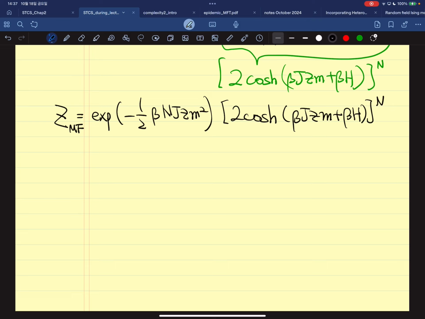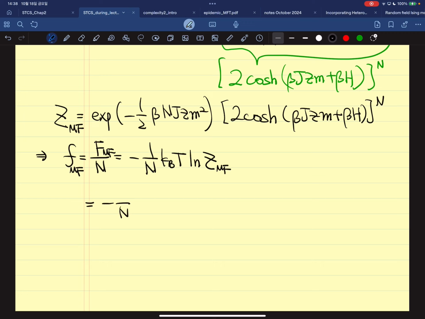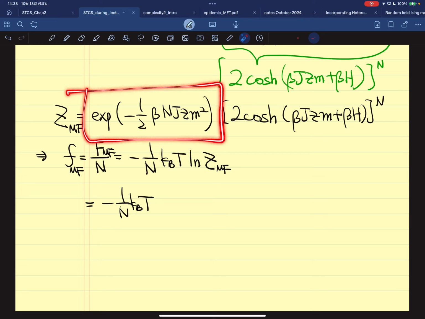And of course, the free energy per spin, this one, would be minus kBT times the log of this mean field partition function. Well, if we put this huge product into the logarithmic function, it's just split. For example, this exponential part will be separated as this one.